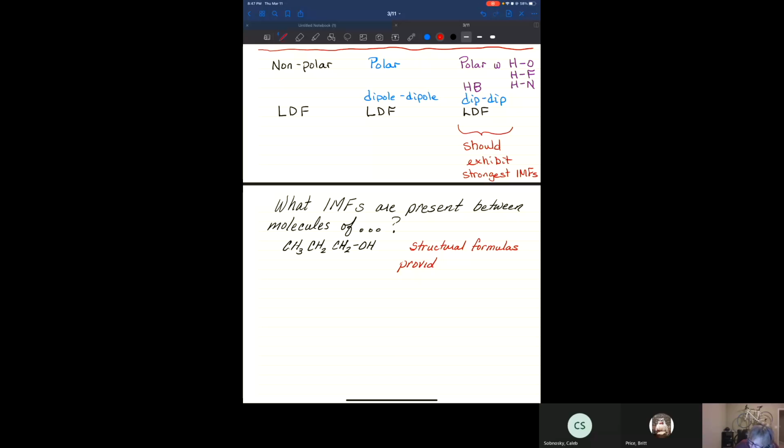And this is a class that's called an organic molecule. And these structural formulas are written all the time.